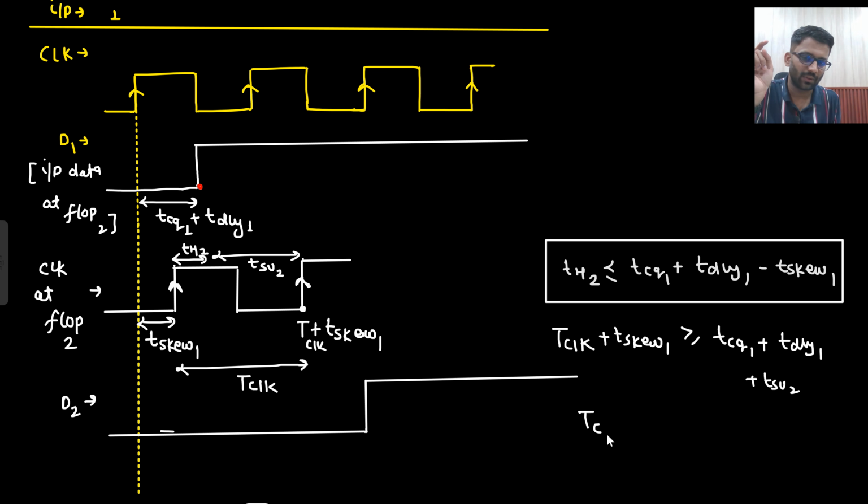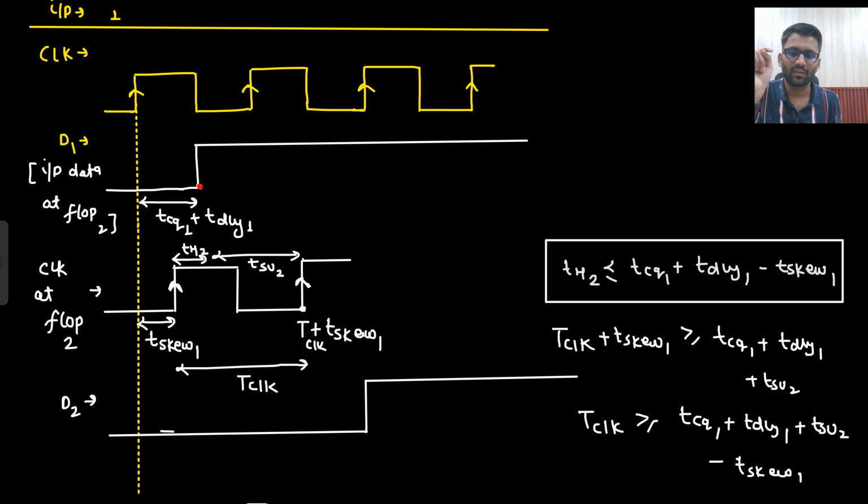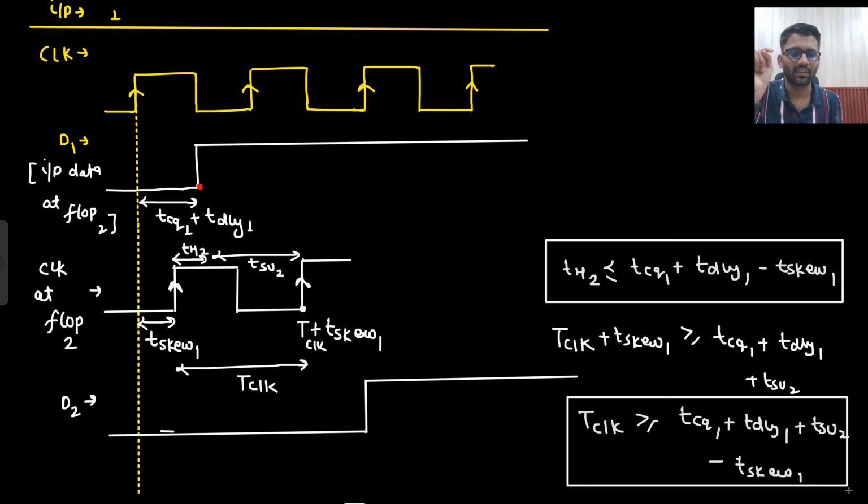So what should be my T clock? My T clock should be greater than TCQ1 plus TDLY1 plus T setup 2 minus T skew1. Okay, this is my T clock.